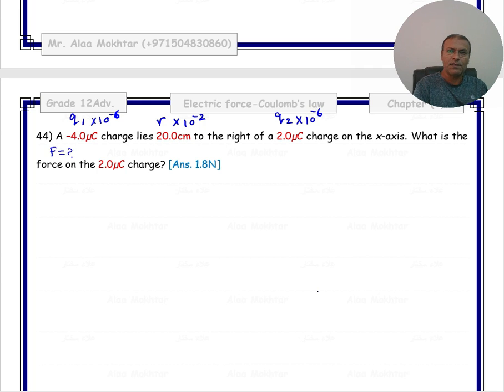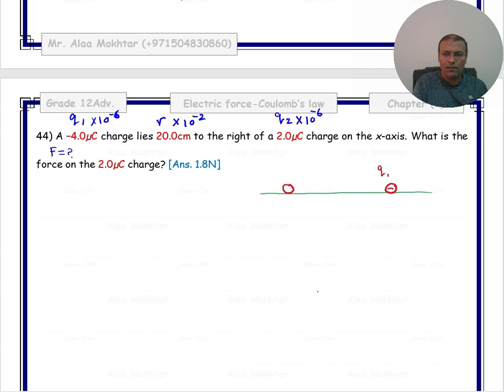If I need to draw this situation, we have an x-axis and two charges, one charge at this point and the other charge at this point. The negatively charged one lies on the right side, so the negative charge will be here.